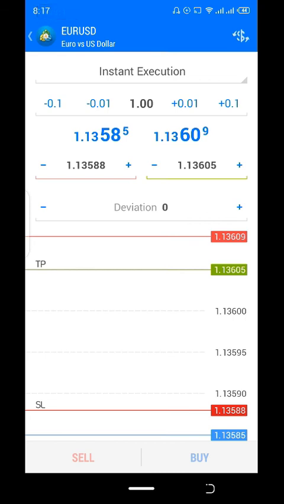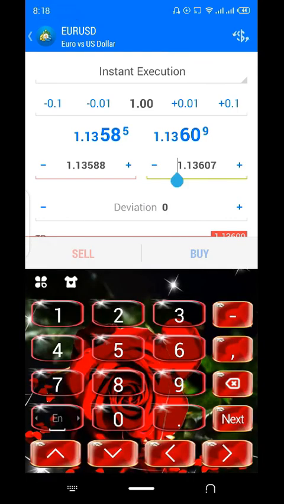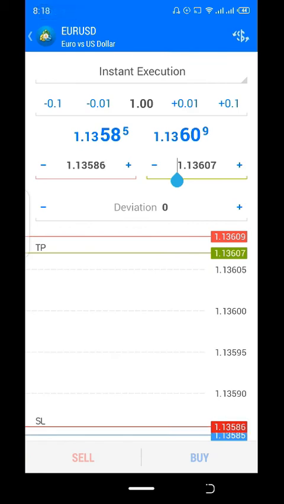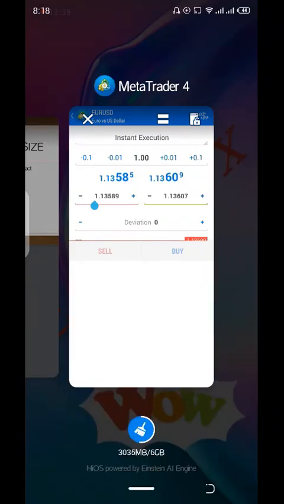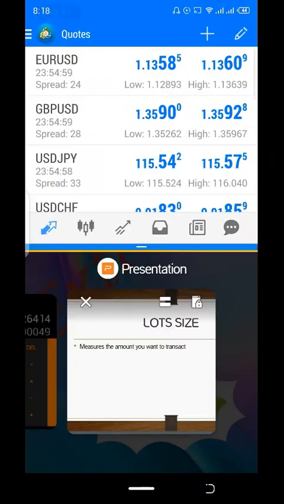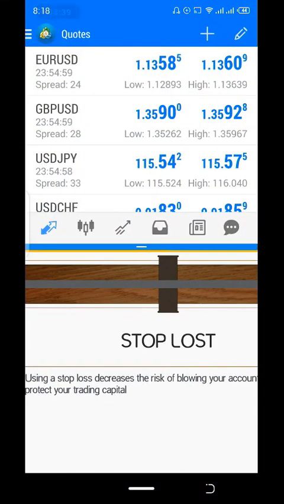So if it moves toward my direction, which I predicted, that EUR/USD is gonna rise, I'm gonna have $10 profit. So this is where you input your take profit and your stop loss level.